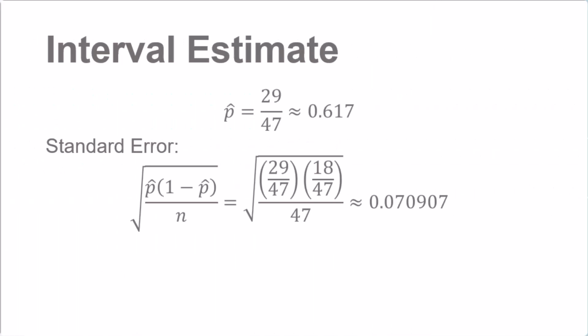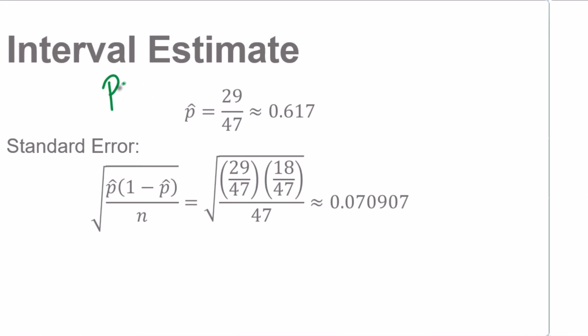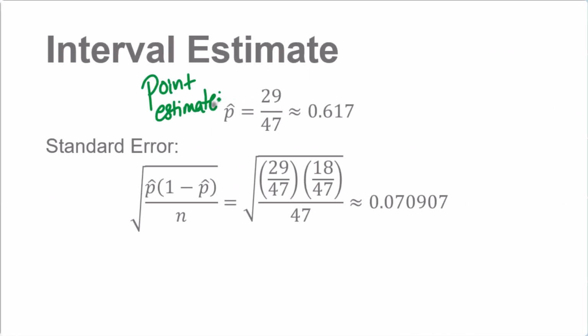So in this interval estimate or confidence interval, we're looking at our point estimate, which is the sample proportion. In this case, the sample proportion, again, is about 62%, 0.617. And we expect that the population proportion is likely pretty close to that, but it could be a little above or below because, again, this is a sample proportion and it doesn't have to match the population proportion.